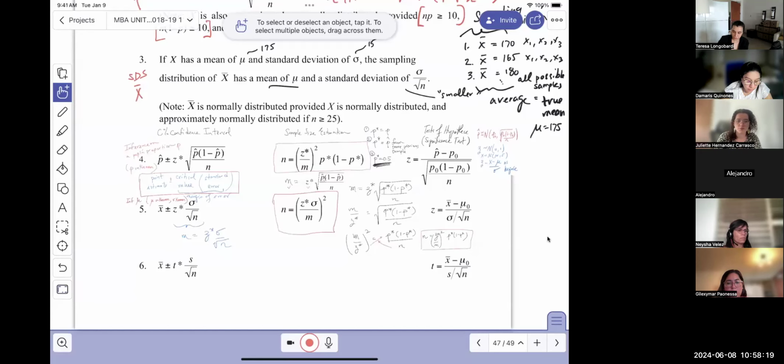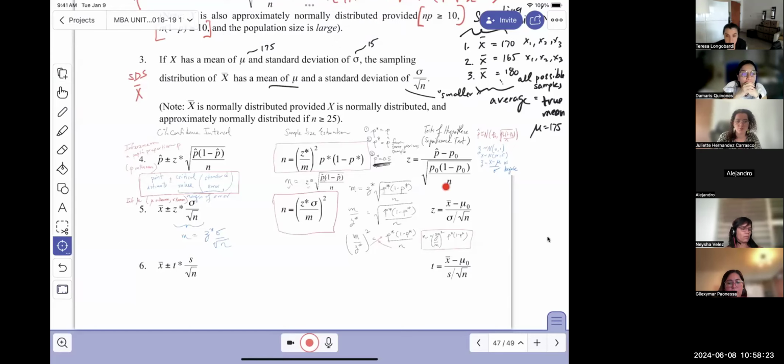Okay, so to summarize, this was what we just did. We standardized that, we assessed the evidence. We standardized the result from the sample using the theory from number 3 that its mean would be the hypothesized mean, and standard deviation or standard error could be calculated using sigma divided by root n, and we put it here. It looks a little different, but that's all it is. And so that's what we did.